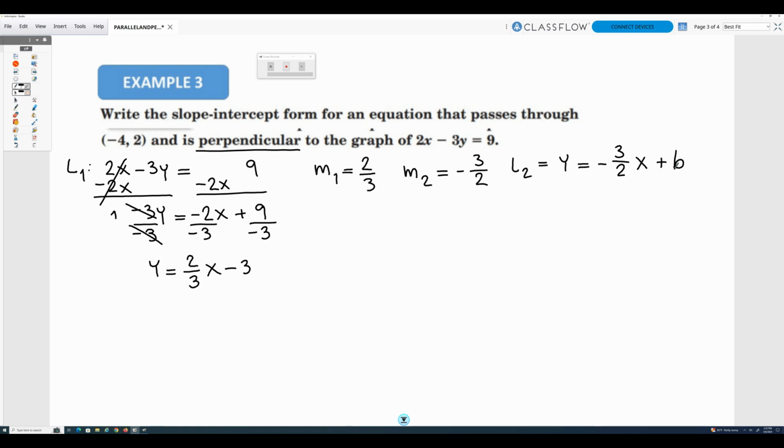Now we need the y-intercept of the second line. Let's use the given point to find the y-intercept of the second line.